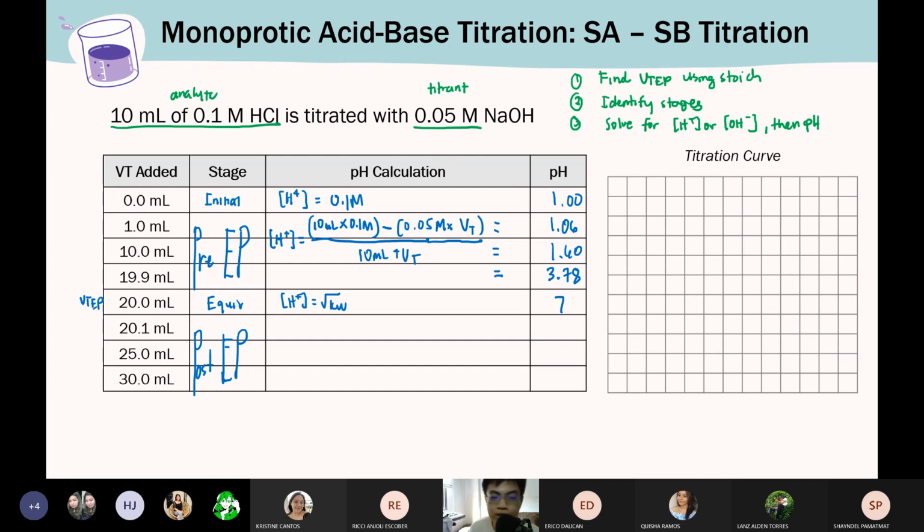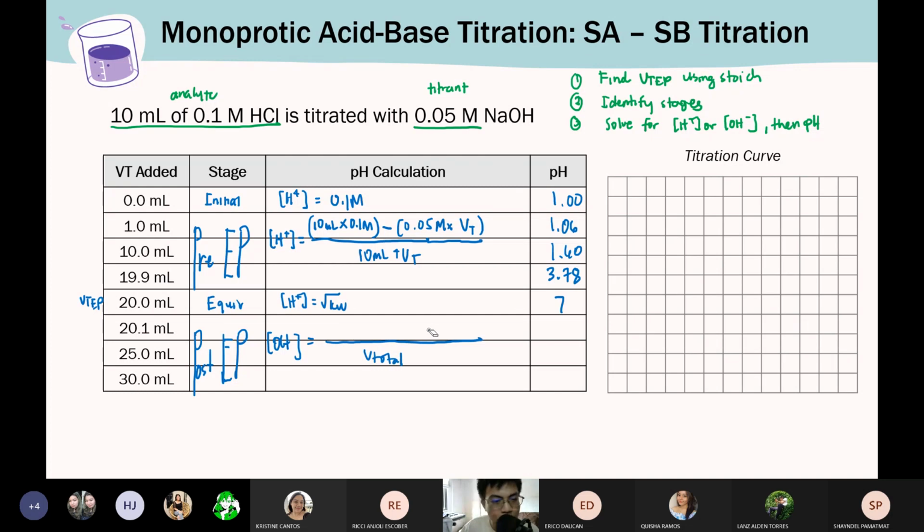For the post-equivalence point, ito naman yung equation dito ay OH. So you have your OH equals MTVT minus MAVA divided by the V total. Okay? So yung MAVA, ulit-ulit lang yan. Same equation. MTVT, yung volume ng titrant lang yung nagbabago.